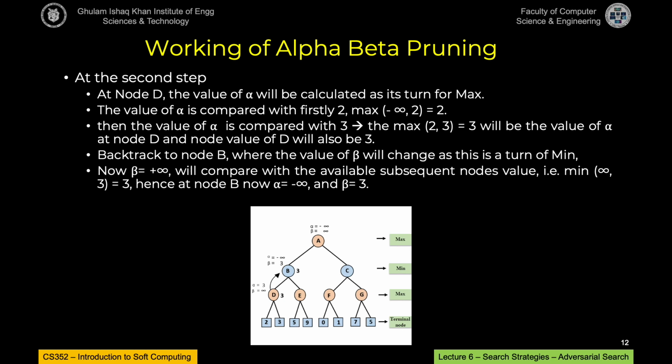So this ends the second step. In this step, max chooses an alpha by looking at both the values 2 and 3. Similarly, min does it for beta, and it also chooses a value of positive 3 for beta.